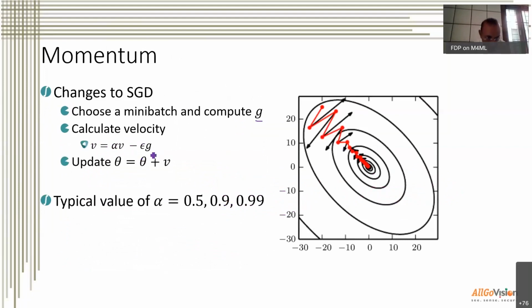That's the momentum term, and this is the new velocity, and then theta equals theta plus the new velocity. Typical values of alpha used are 0.5, 0.9, and 0.99.